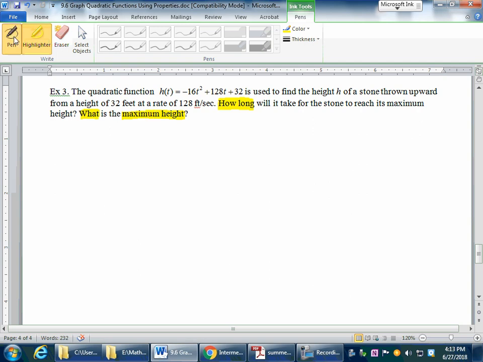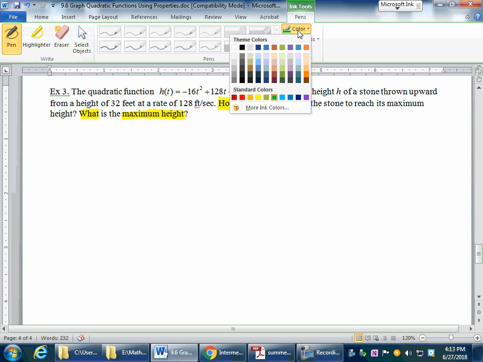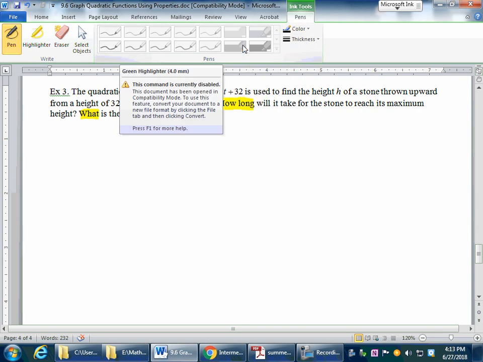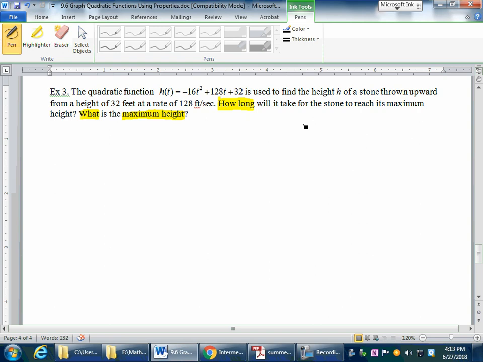So with these types of problems, it is very important that you know what your input value is and what your output value is. So according to the function notation right here, let's understand this first. The function notation is h of t. And this entire h of t is basically representing what? The height. And then the input is t by itself, right? That is the time. So when we look at this problem, this is how I have to look at it first.